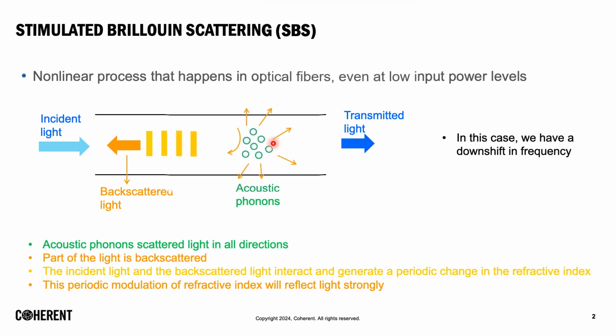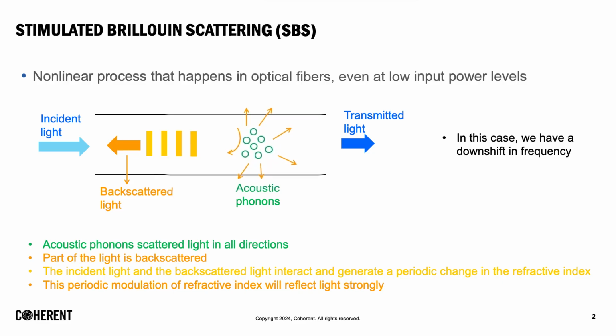These acoustic phonons scatter light in all directions. Part of this light is backscattered, and when this backscattered light interacts with the incident light, it creates a change in the refractive index. This periodic modulation of the refractive index is generated when the backscattered light and the incident light interact, and it will reflect the light strongly.